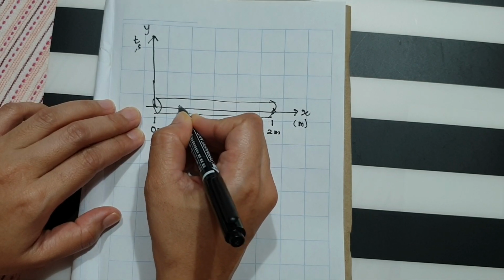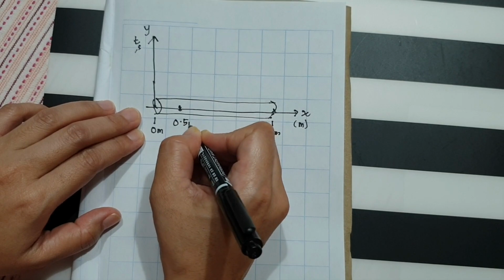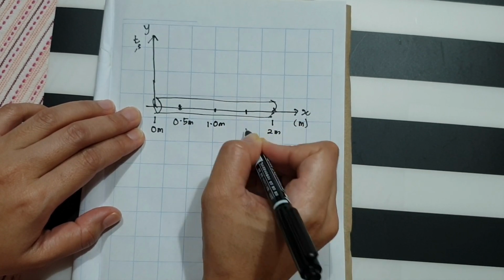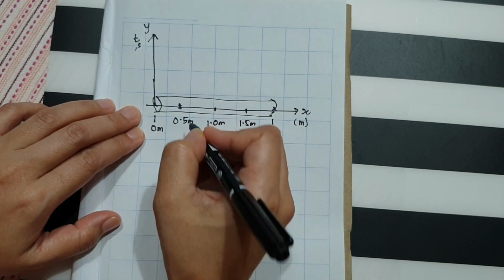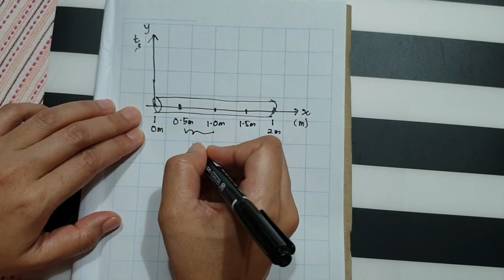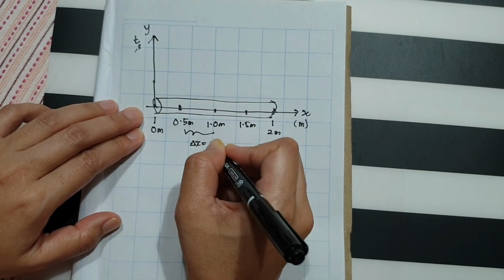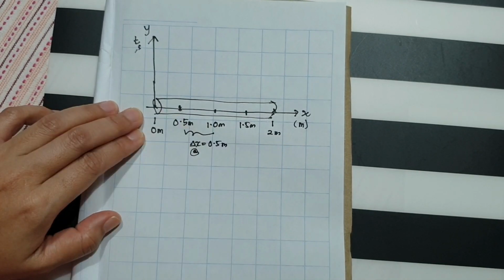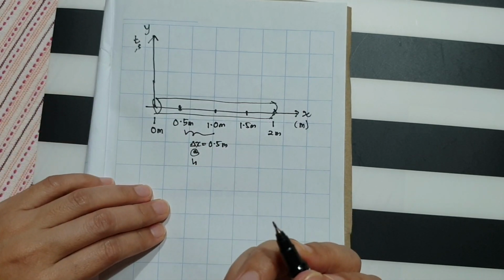This is your first point at 0.5 meter, this is at 1 meter, here is 1.5 meter, and over here is 2 meter. So you know that the interval, delta x, is equal to 0.5 meter. Delta x also represents the h value for the heat equation.